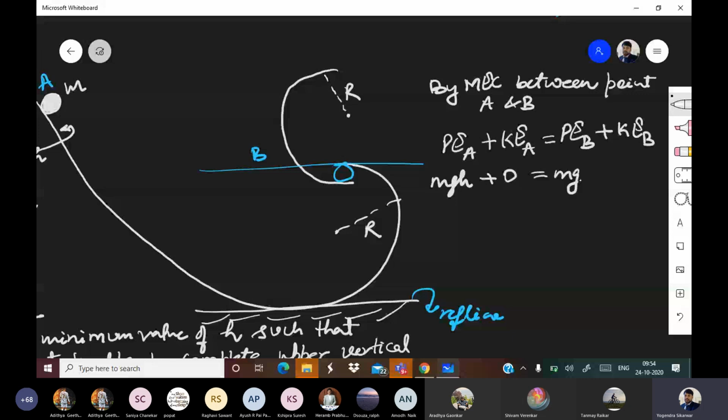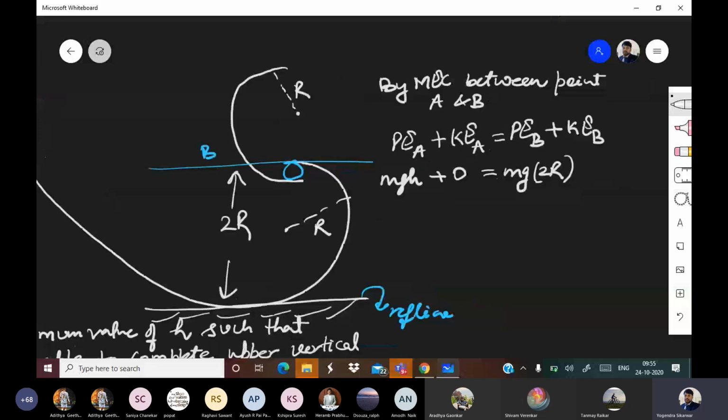Now pay attention. That B point is basically the lowest point of the upper circle. So how much should be the velocity at the lowest point to complete the vertical circle? That will be half m into root 5gr whole square.